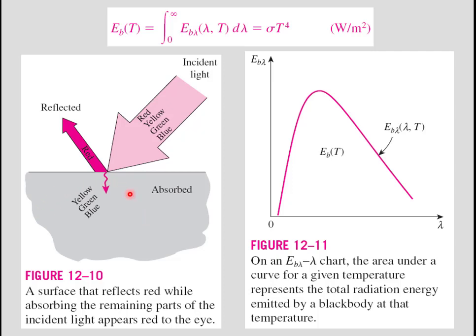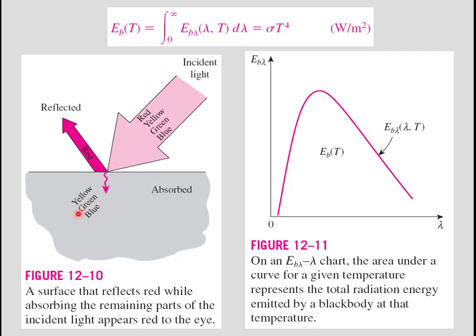If it absorbs the thermal energy of any of these colors or wavelengths, we cannot see the radiation from that surface for that color. But if it reflects a wavelength which is related to a color, we can see that color.